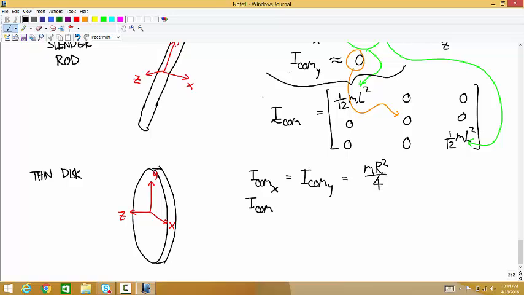And the mass moment of inertia rotating about z, so this time rolling, is equal to mr squared over 2.